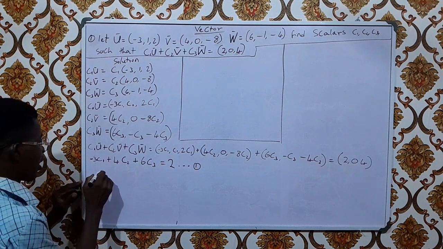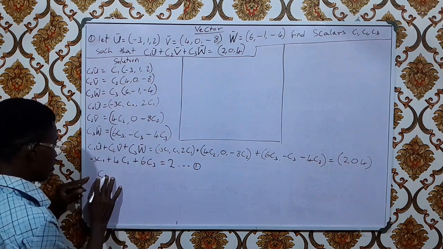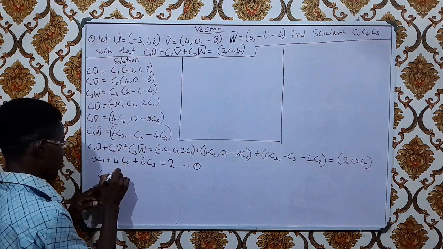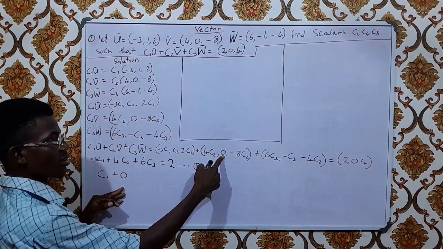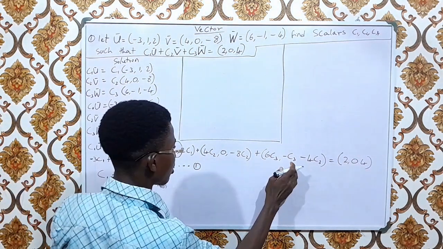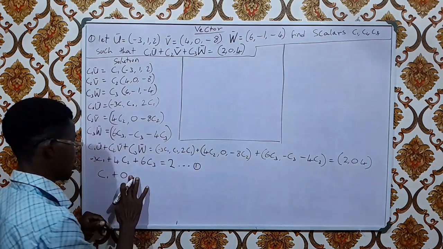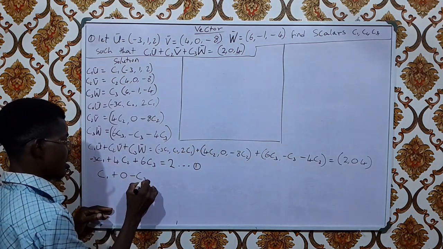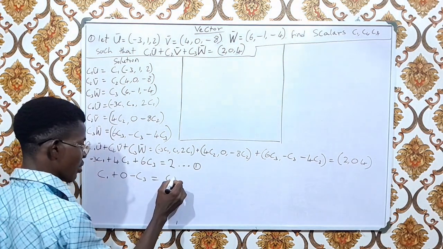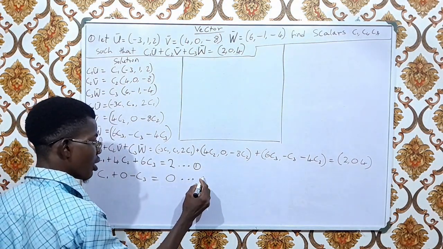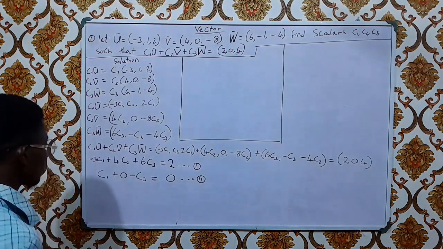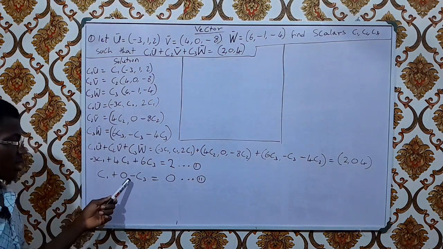Come down, we have C1 only plus 0C2, which is 0, minus C3 will give us 0. We call it equation 2. There is something I need you to understand in equation 2.